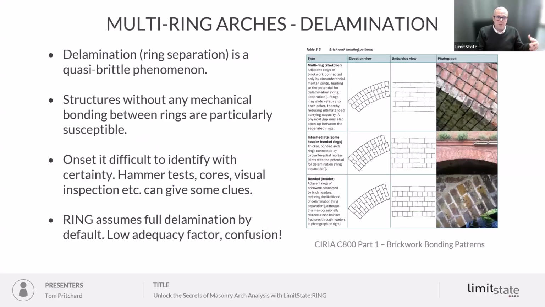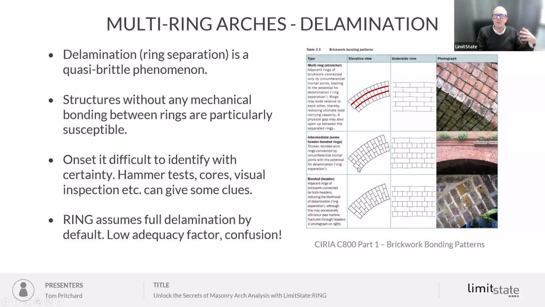One of the other things that we run into with multi-ring spans is, of course, ring separation. So that's a quasi-brittle phenomenon where structures that lack mechanical bonding along the circumferential layers are particularly susceptible to this. On the right-hand side here, we've got some sketches out of Series C800. We can see where we have separate arch rings, then delamination has a lot of opportunity to occur.